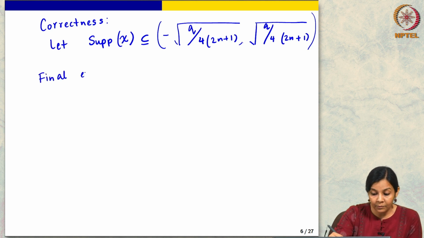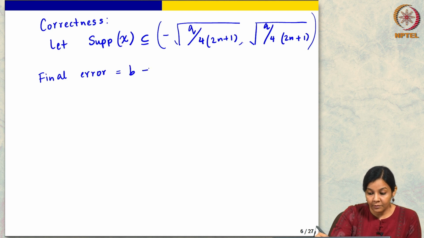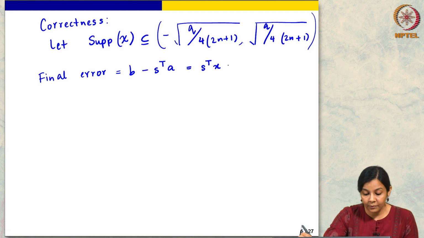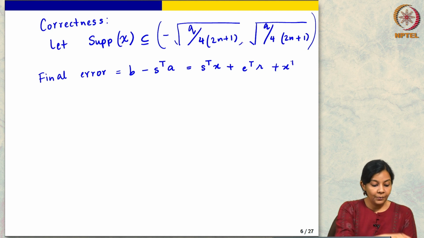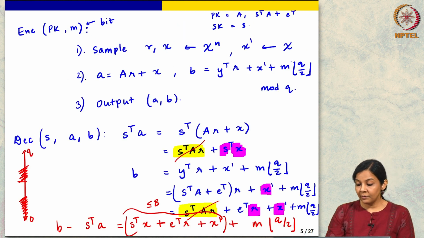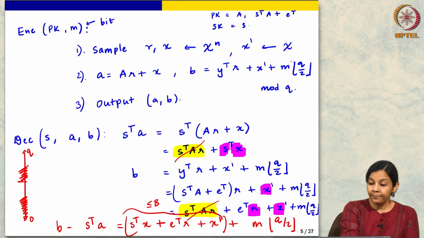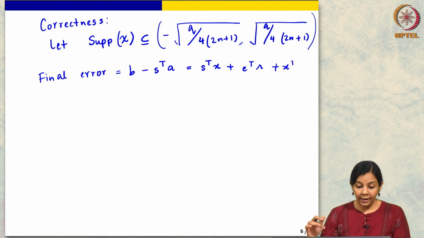Let me remember. So, my final error is B minus S transpose A, right. So, this is S transpose X plus E transpose R plus X prime. You can confirm, right, S transpose X plus E transpose R plus X prime. This was my final error, okay.